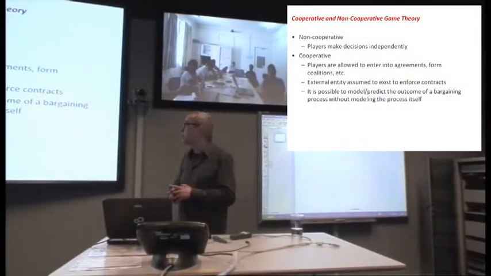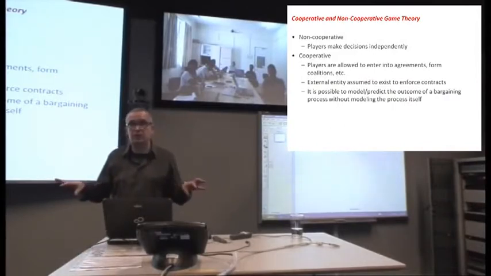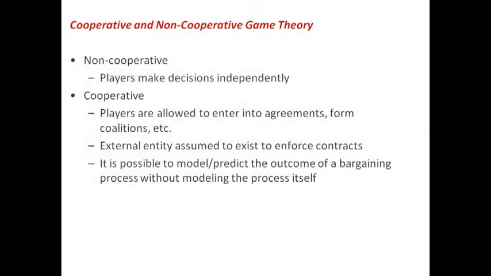So non-cooperative just means that the players, the entities, are making their decisions independently without any sort of coordination. And cooperative means that the entities can actually enter into agreements. So they can bargain with each other, they can enter into contracts, etc. So it's not that they are nice in one case and not nice in the other case. There's no moral judgment for these things. These things are radios, first of all.